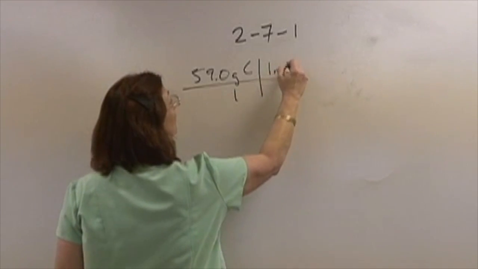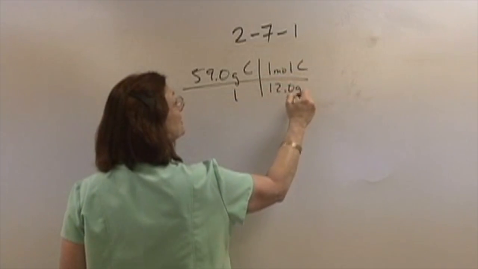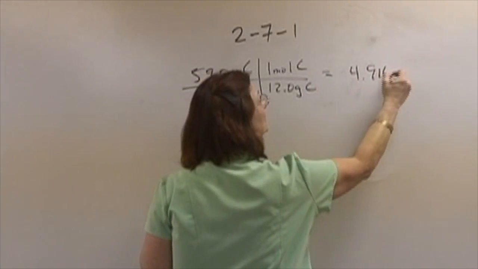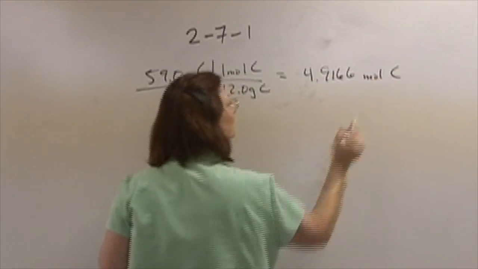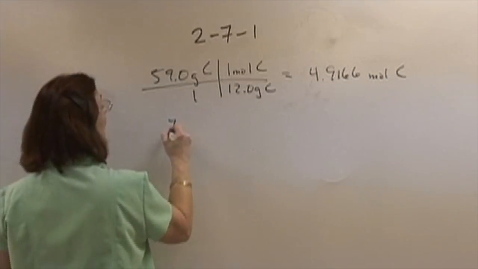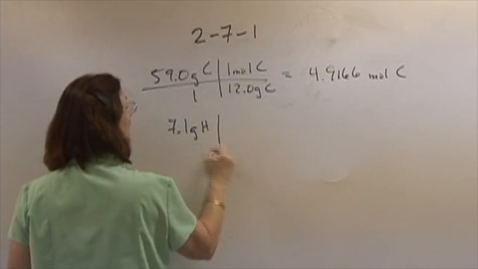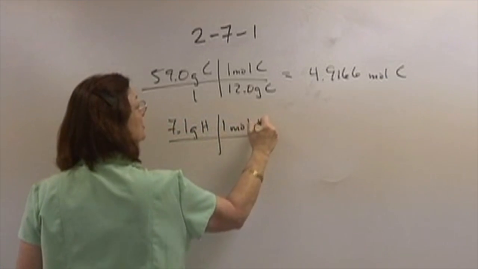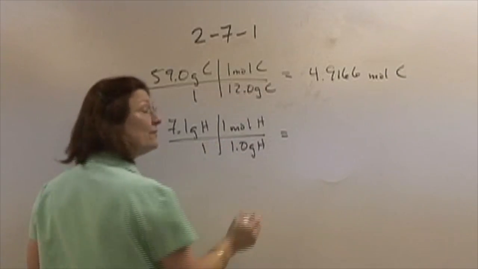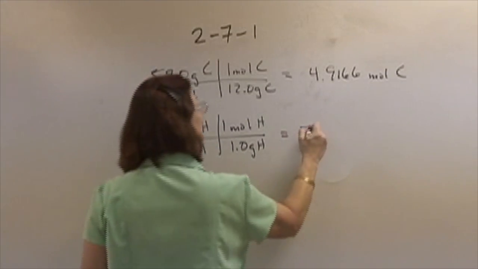And 1 mole of carbon has a mass of 12.0 grams, and therefore I get 4.9166 moles of carbon. I'm also given 7.1 grams of hydrogen, and 1 mole of hydrogen has a mass of 1.0, and therefore I get 7.1.